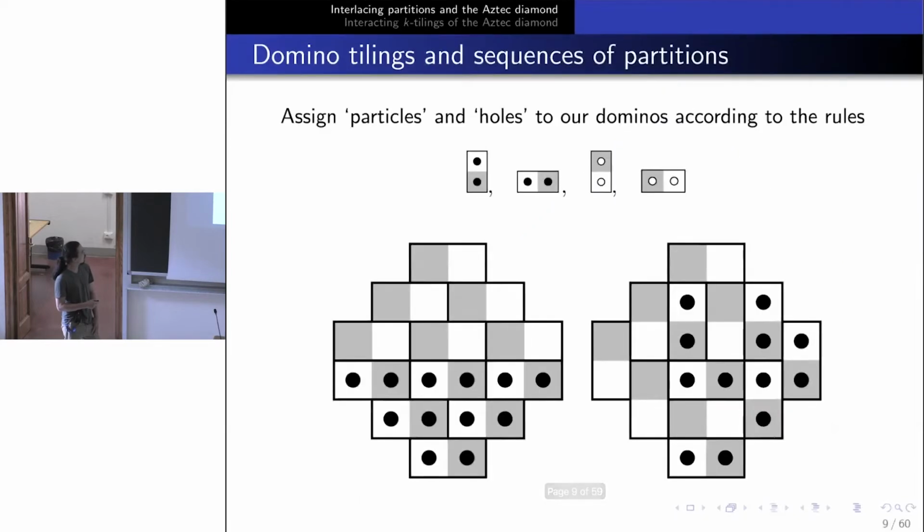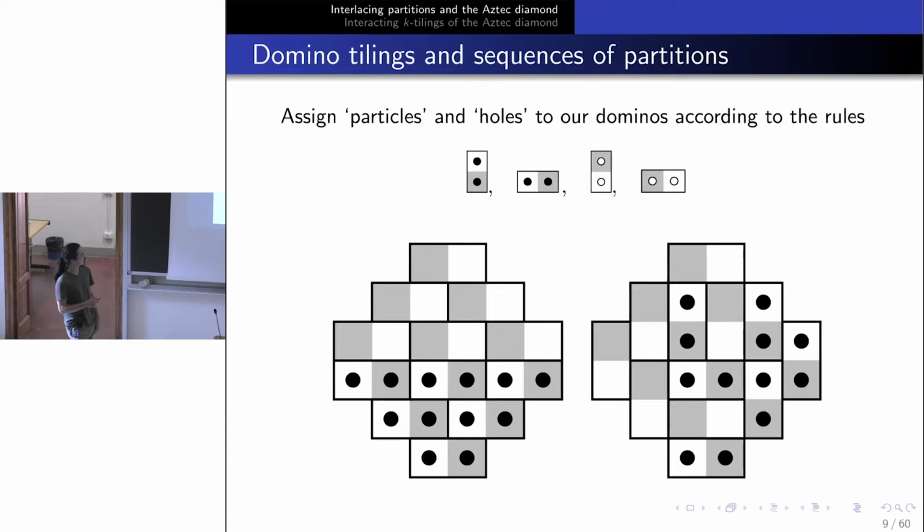Okay, so now we want to construct a bijection between these tilings and interlacing sequences of partitions. To do so, we're going to assign particles and holes to the faces of our checkerboard according to these rules. Whenever you see a vertical domino where the white square is on top, you're going to fill it with 2 particles.